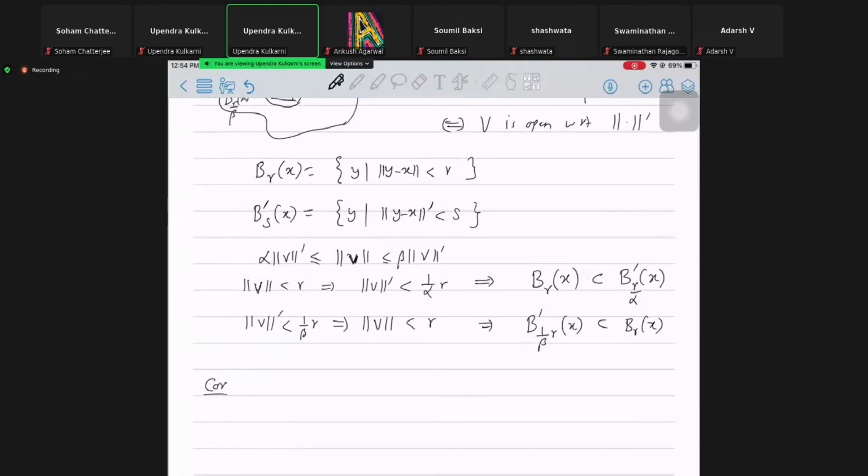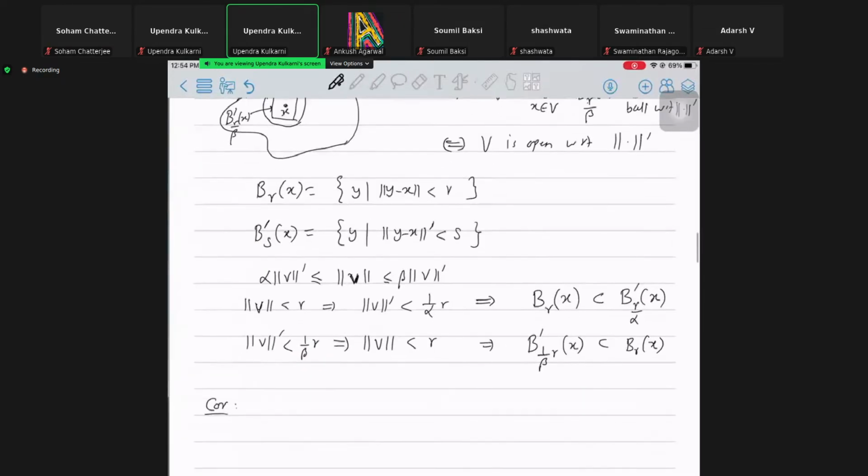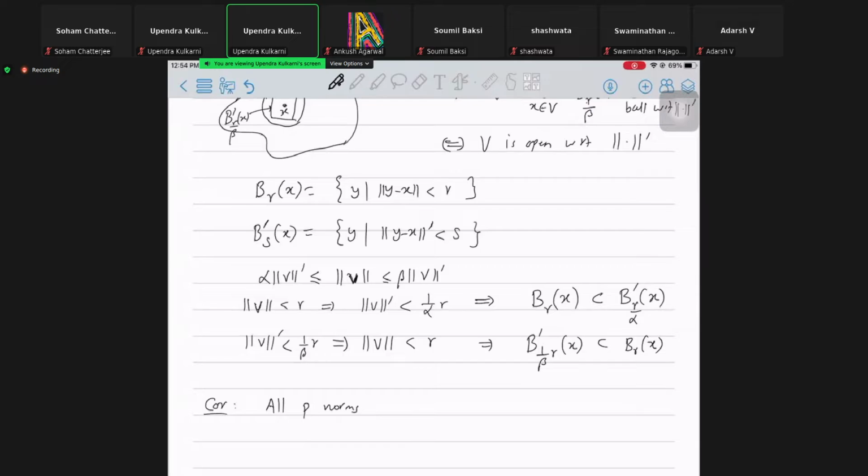Corollary: p equal to 1 and p equal to infinity norms on Rn and Cn give the same topology as p equal to 2.